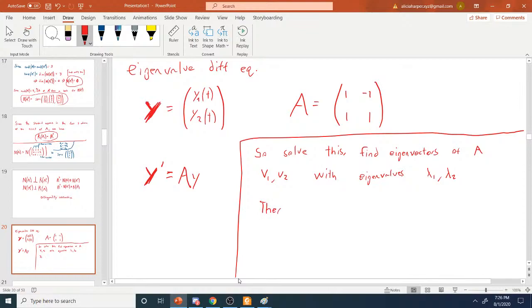Then h1 of t equal to c1 times e to the lambda 1 times t times the vector v1, and h2 of t equal to c2 times e to the lambda 2 times t times the vector v2 are both solutions to the system.